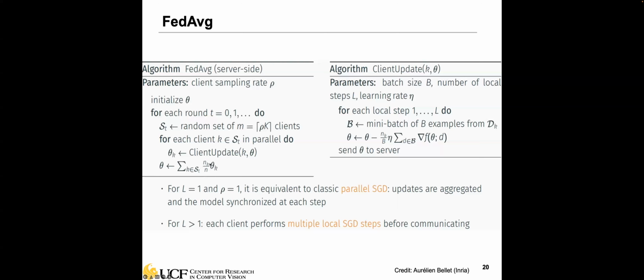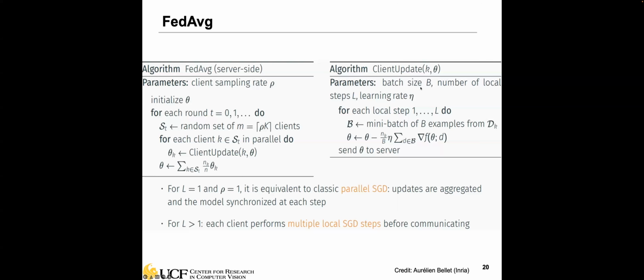So if you have a small local dataset, then your model contributes a small portion. This is proportional to the local data size. It is just a scaling factor for how you want the model from each client to contribute to the global model theta.